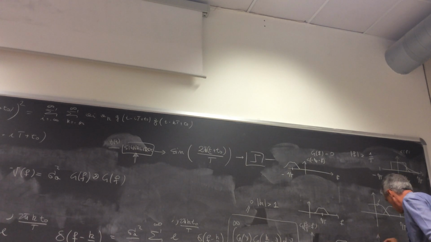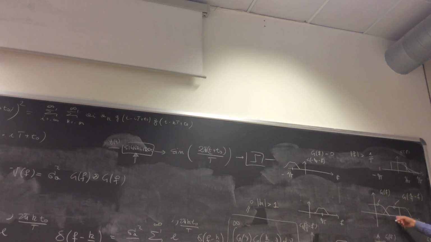And then make the other product. G of f, 1 over t, g of 2 over t minus f. And this is g of f. What about the product between these two? The product between these two is 0. While the product between these two is non-zero because they overlap in the Roloff region.